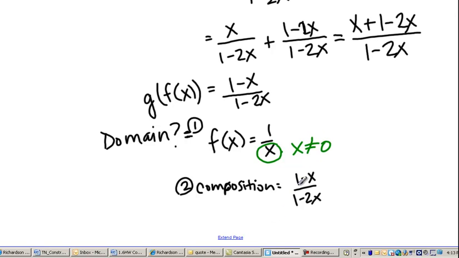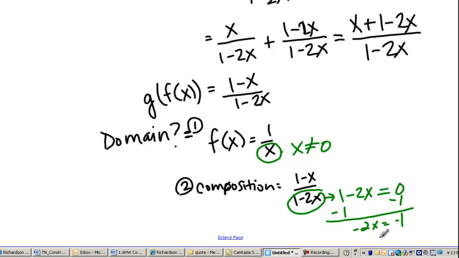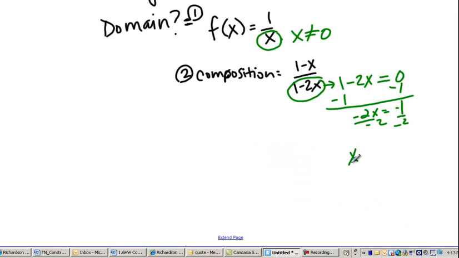Okay? And for the second one, again, we can't have 0 on the bottom, so we have to say 1 minus 2x is not equal to 0. We have negative 2x equals negative 1, divide by negative 2. x cannot be 1/2.